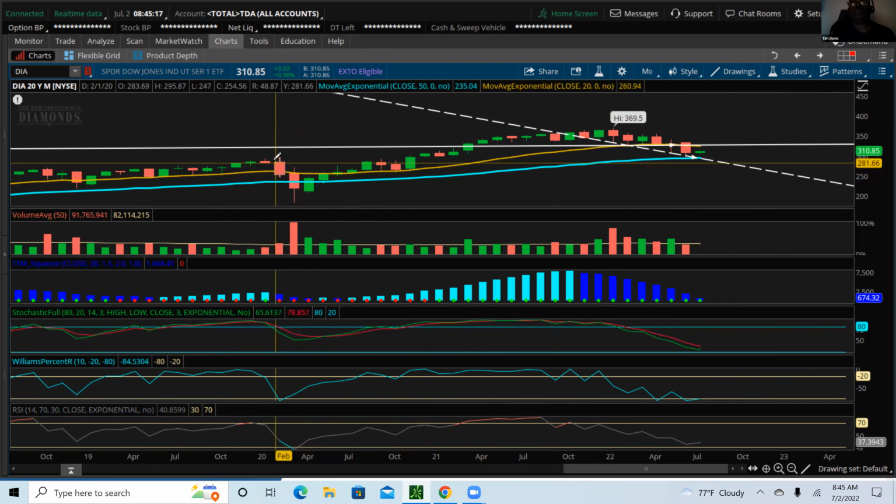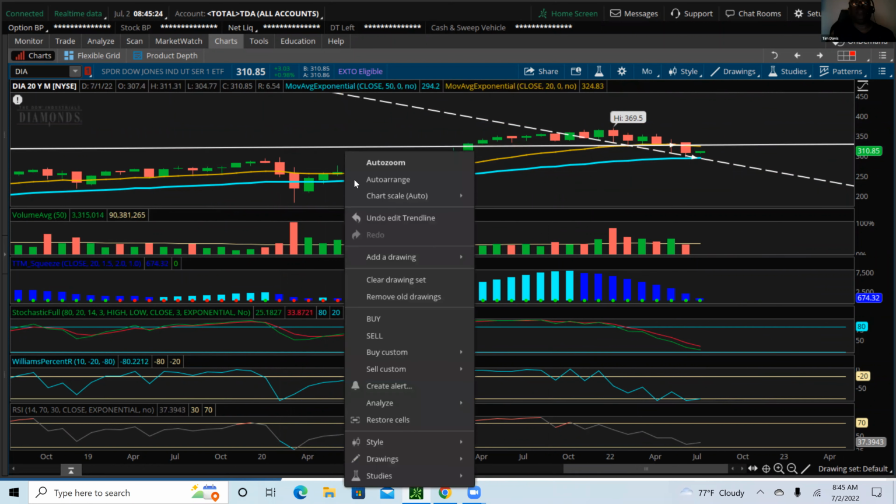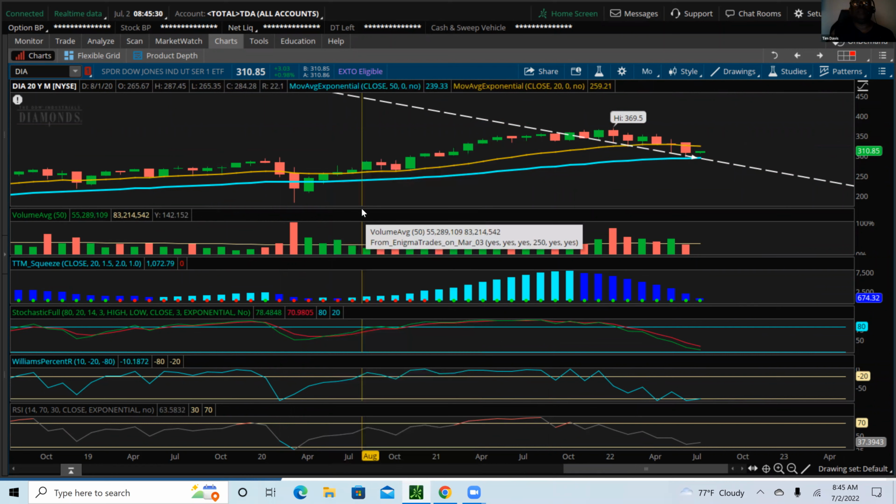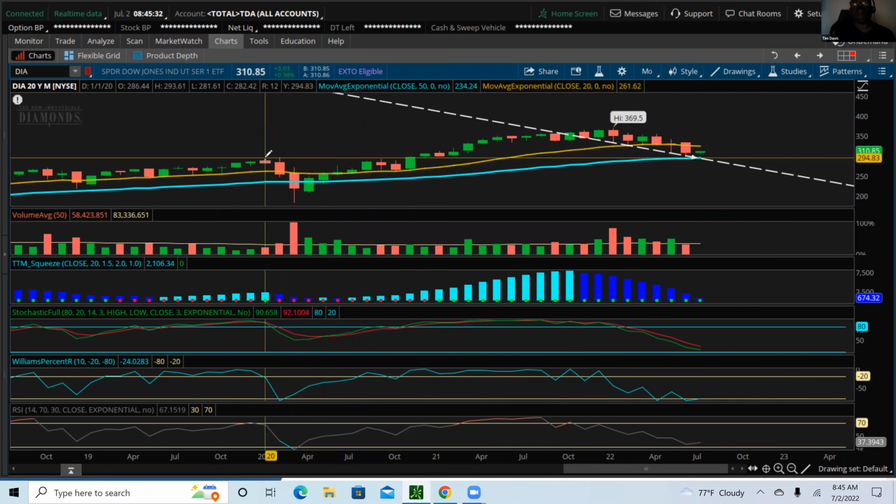So actually, I can pull that down just a little bit because it's not exactly where I wanted it to get to. But let me get rid of this. Down. So this is going to be the level I was trying to depict, which is right where the COVID high was.